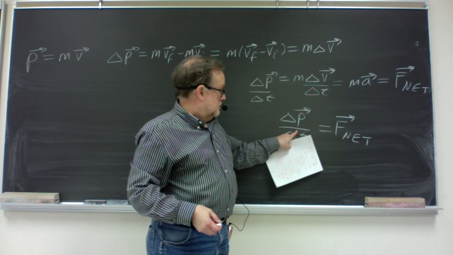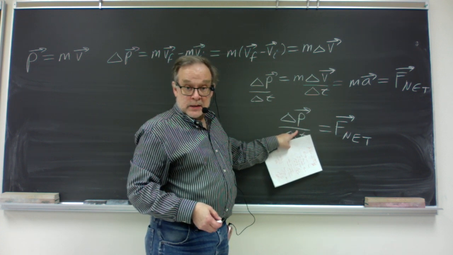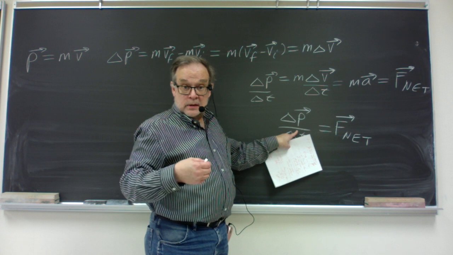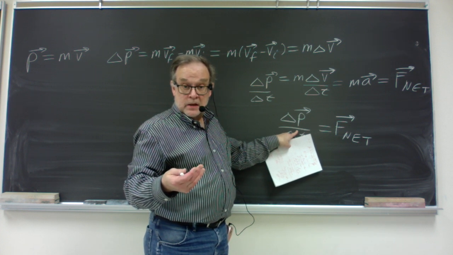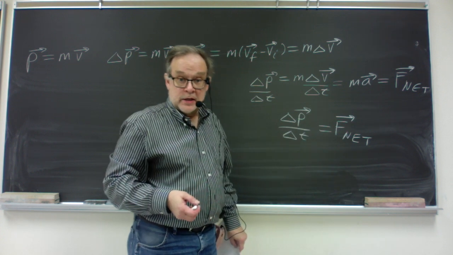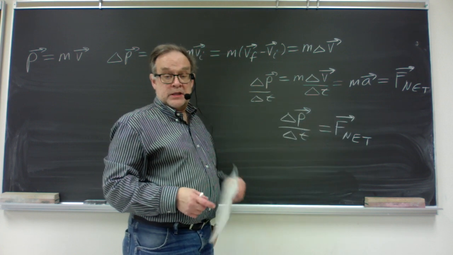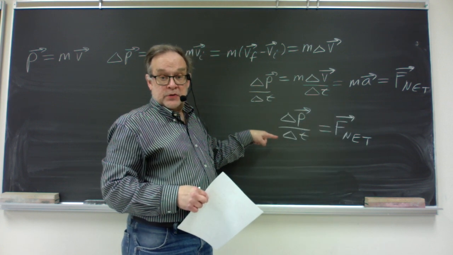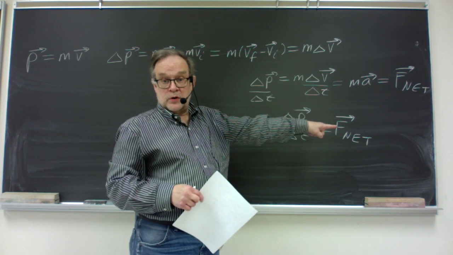But we can rewrite this, and if we rewrite this, it allows us to see some things that we might not have noticed otherwise if we were thinking only the old way about Newton's second law. So multiply the whole equation by delta t, and that cancels out the delta t in this denominator and adds a delta t factor over on the right-hand side.